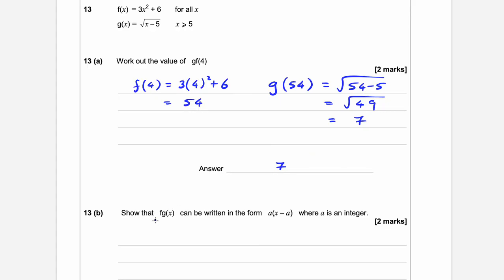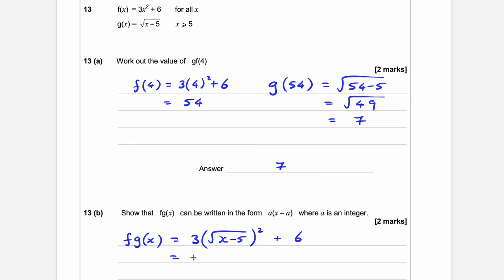13b. Show that fg of x can be written in the form a(x minus a), where a is an integer. Okay, so fg of x means we're going to put g into f. f is 3 times x squared, but if we put g into it, it's 3 times root x minus 5, squared, plus 6.